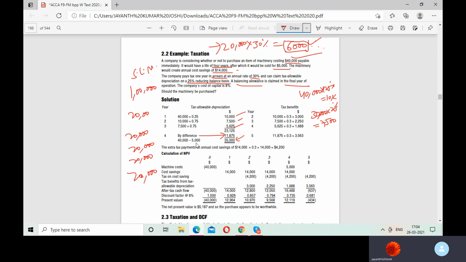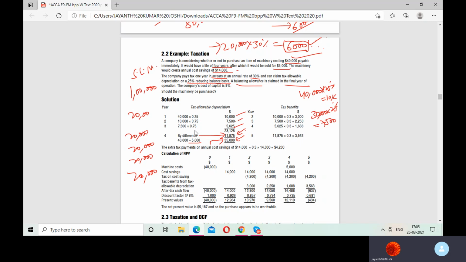You are selling the machine after 4 years at this. So the machine is this much for you till 4 years, creating a balancing charge of 11,875, 10,000, correct? Now that is also your depreciation, then only it will balance with 35,000, correct?